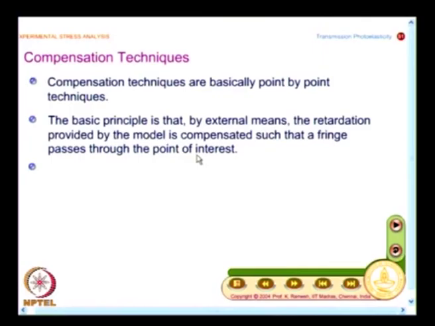See, we have also done a logical development of fringe formation both in a plane polariscope and circular polariscope. We said when the model behaves like a full wave plate in a dark field, the light is cut off at 0, 2 pi, 4 pi retardations.